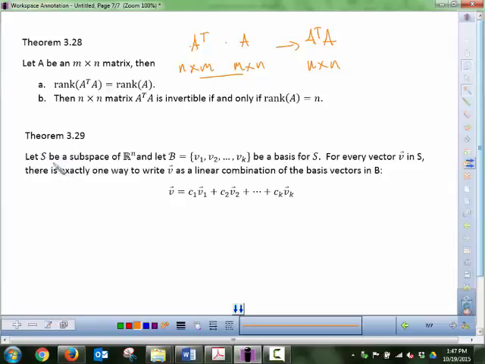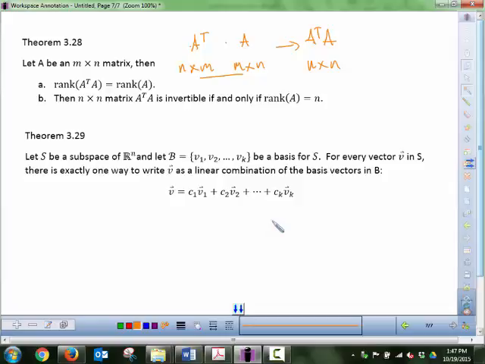The next theorem: S is a subspace of Rn and B is a basis for S. Then for every vector V in S, there is exactly one way to write V as a linear combination of the basis vectors.